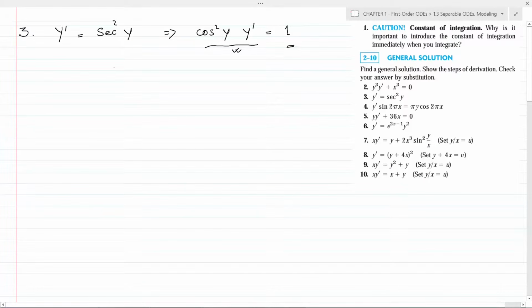Now we have the trigonometric identity cos 2y is equal to 2 cos square y minus 1, which implies cos square y is equal to (1 plus cos 2y) divided by 2.